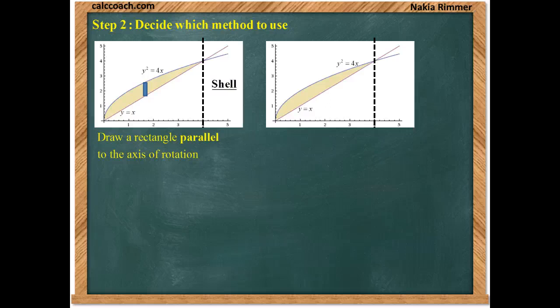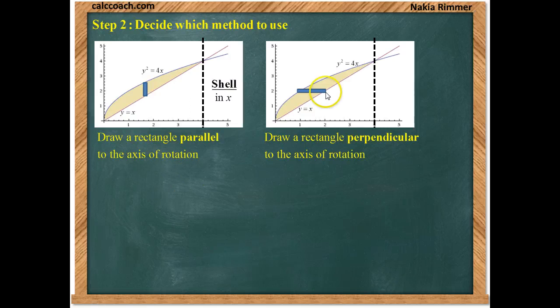When you draw a rectangle that is perpendicular to the axis of rotation, it's either going to be disk or washer based on whether or not there is a gap between your region and your axis. Your region has a gap between it and your axis, so it's going to be washer.